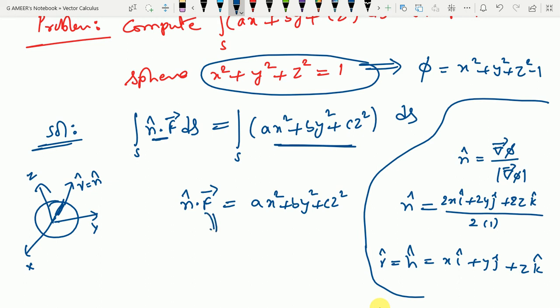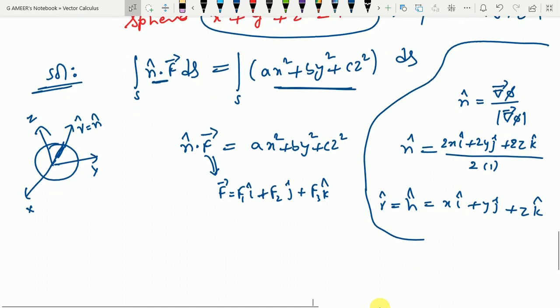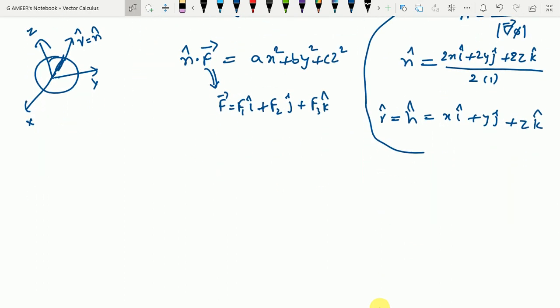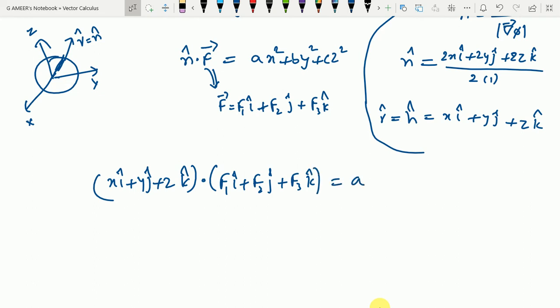Now f we don't know. Let us take f to have x component f1 i cap, y component f2 j cap and z component f3 k cap. Now substitute all here. n is x i cap plus y j cap plus z k cap, the dot product with f, that is f1 i plus f2 j plus f3 k, equal to ax square plus by square plus cz square.